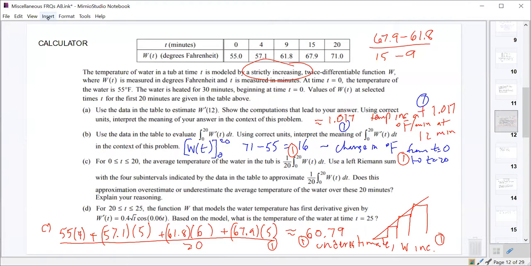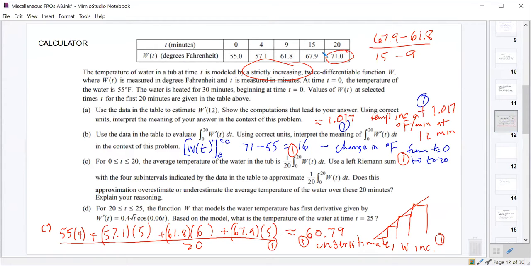Cool. And then part D. D says for 20 to 25, W models the water temperature and has this derivative. We want to know what the water temperature is at 25. So how do we figure that out? We just need to take the integral of that derivative from 20 to 25, and then add our 71 to it, right?